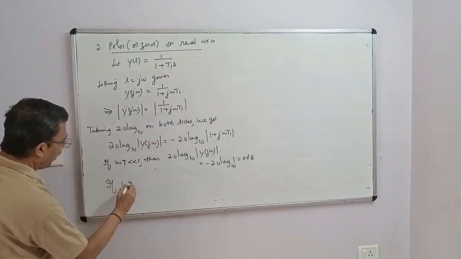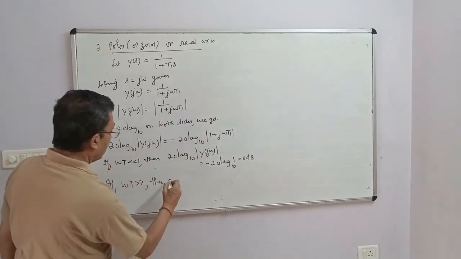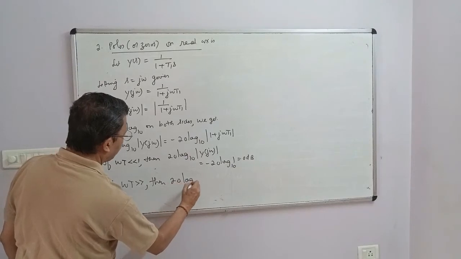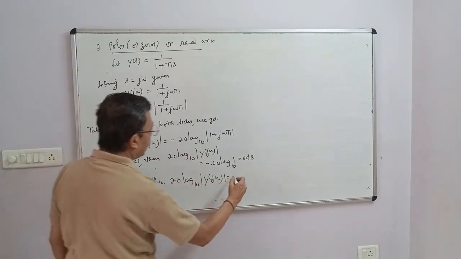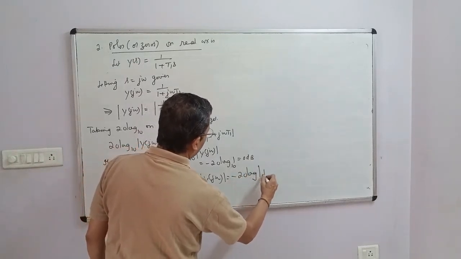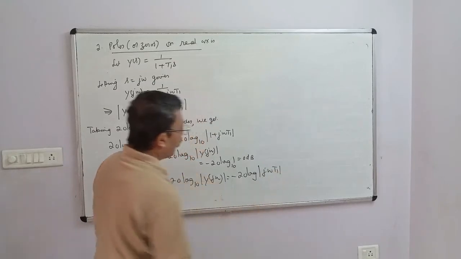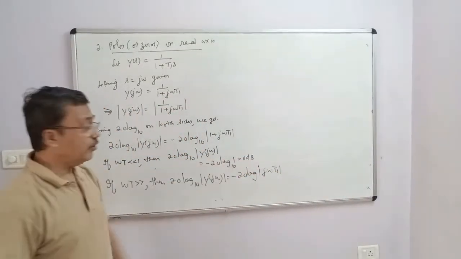If omega T is very much greater than 1, then you can neglect 1. Then 20 log to base 10 magnitude of y of j omega is equal to minus 20 log of modulus of j omega T1. Modulus of j is 1 and log of ab is what? Log a plus log b.